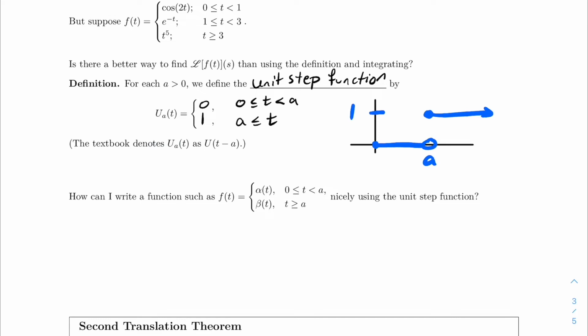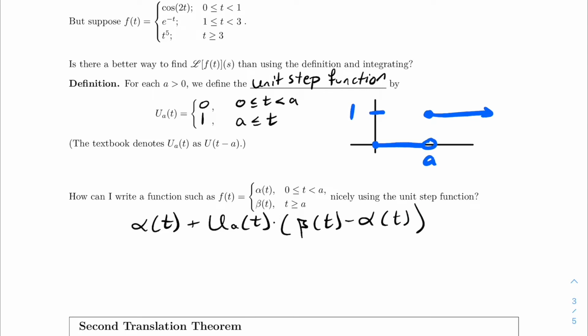How we would do that is, we start with alpha of t and add to it u sub a of t times beta of t minus alpha of t. This looks really weird, but it turns out that this is just a nice formula for this piecewise function f of t.